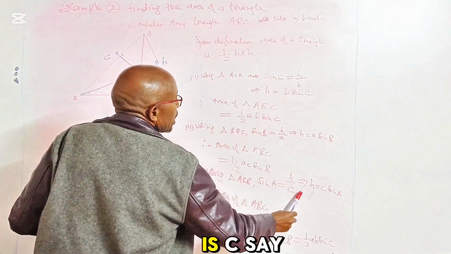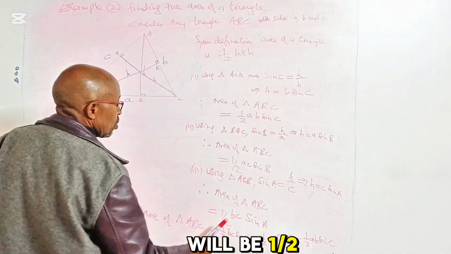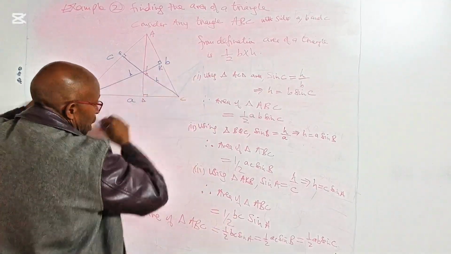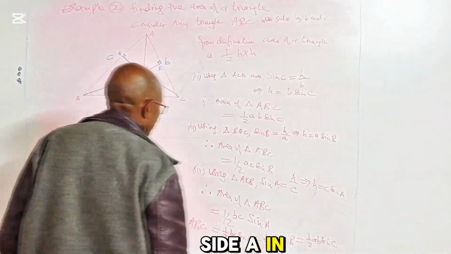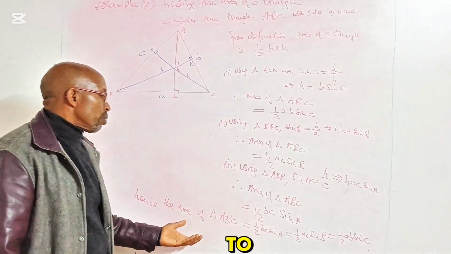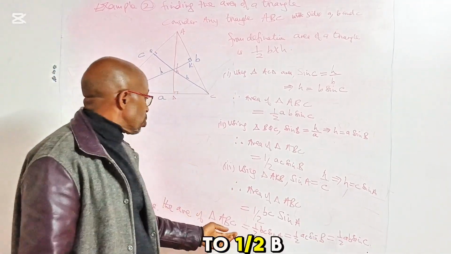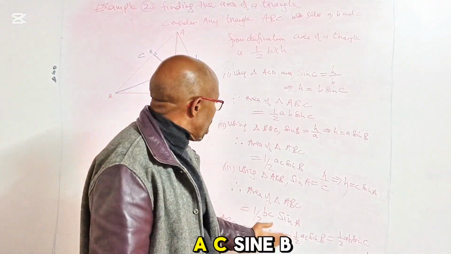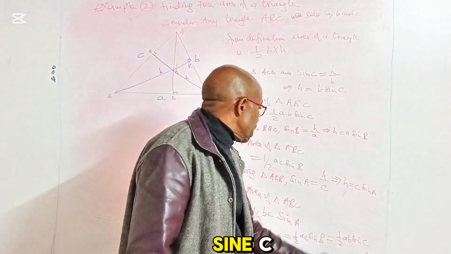In that case, the height is c sine A. And therefore, the area of ABC will be half our base b times the height, which is c sine A. In conclusion, the area of triangle ABC is equal to half bc sine A, which is also equal to half ac sine B, and it is also equal to half ab sine C.